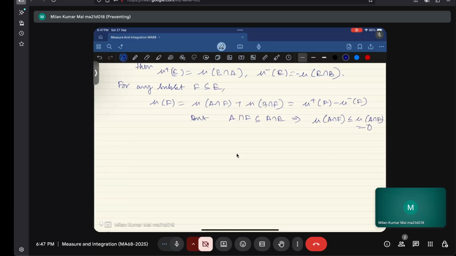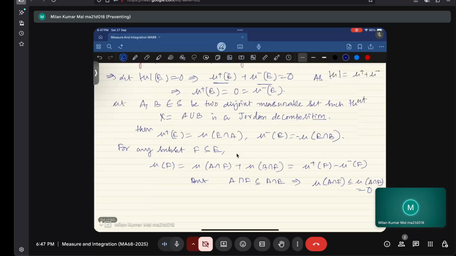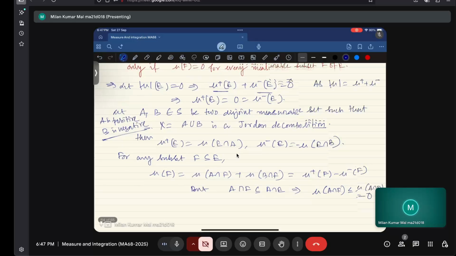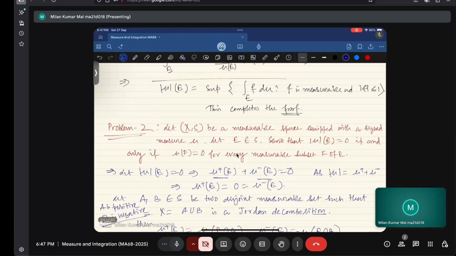Okay, so there are two disjoint measurable sets such that A is positive, B is negative. So this is what Jordan decomposition means. If you recall the definition which we have given there, that A is positive and B is negative, that we have taken.